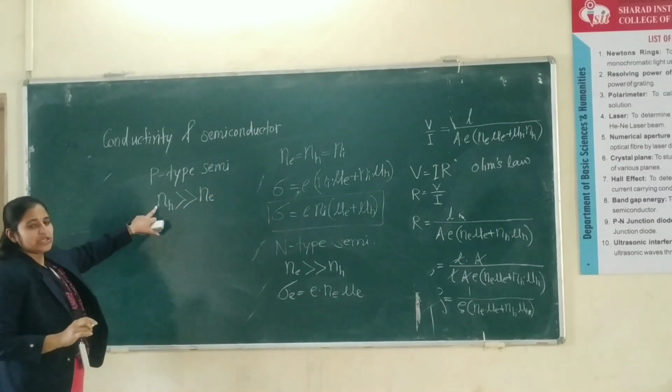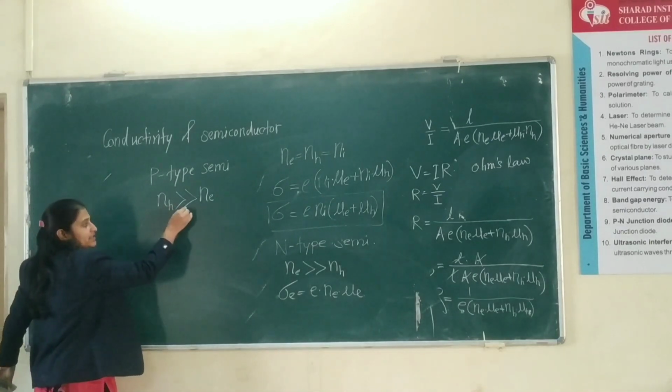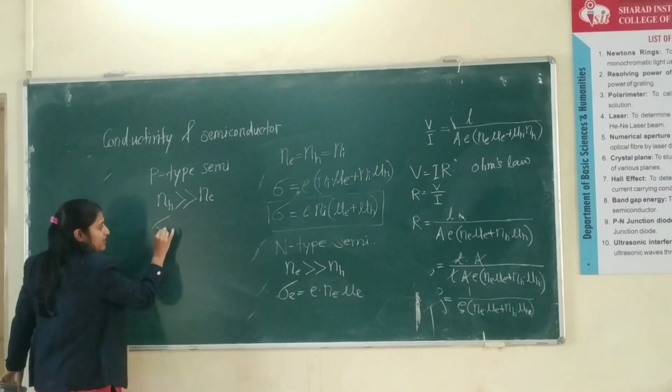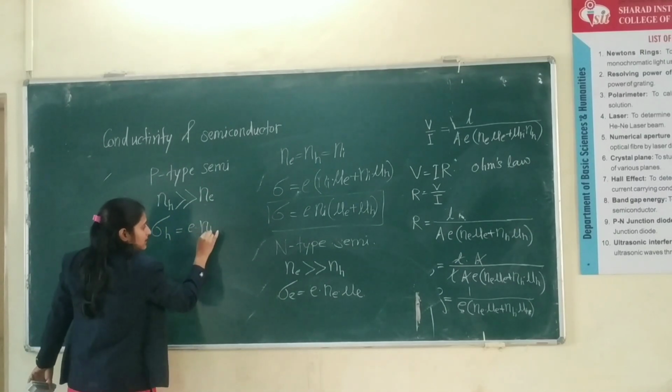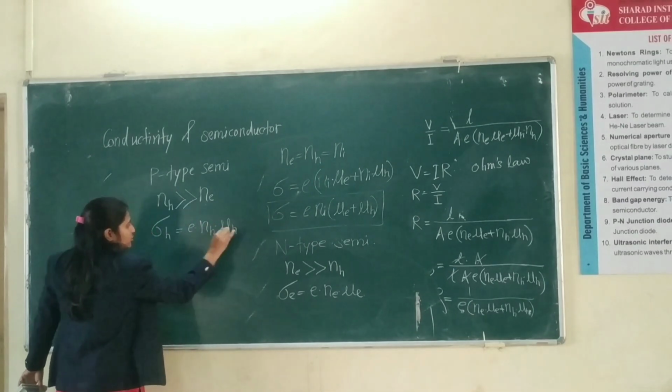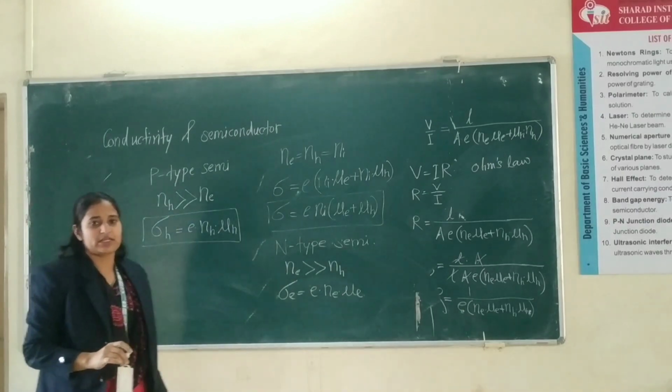Okay, so here majority charge carriers are holes, so NH is greater than Ne. Conductivity becomes sigma H is equal to E into NH into mu H. Okay, so this is the conductivity for P-type semiconducting material.